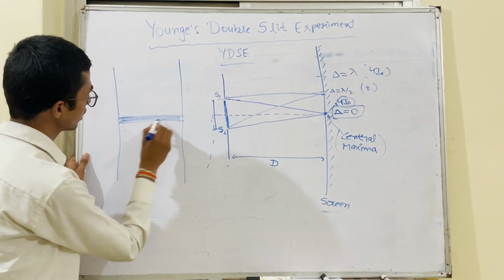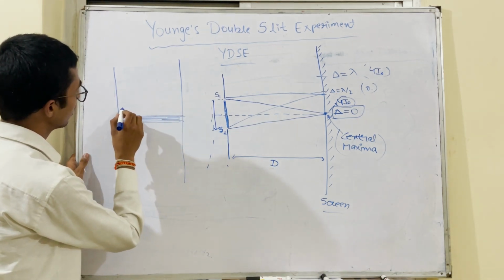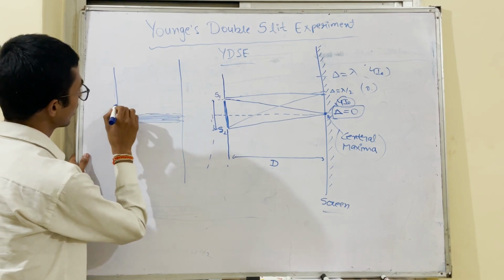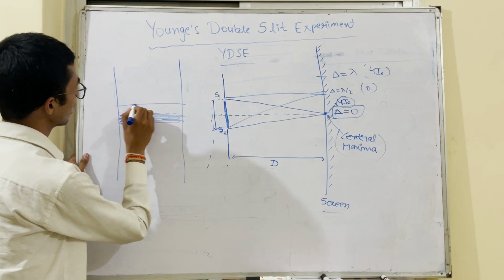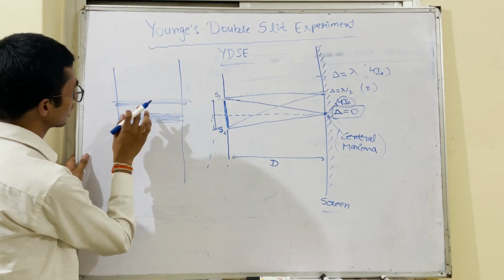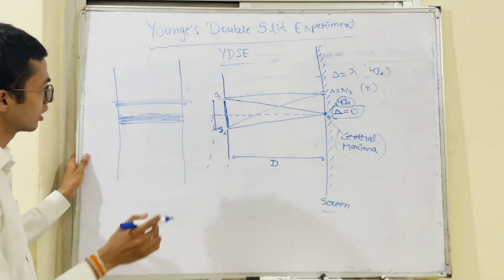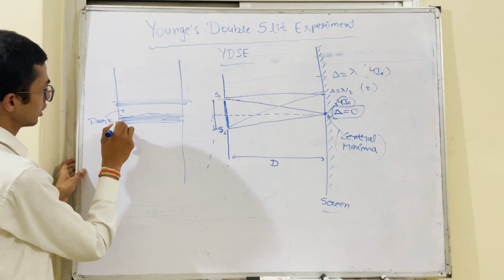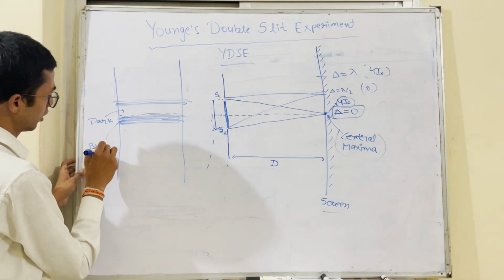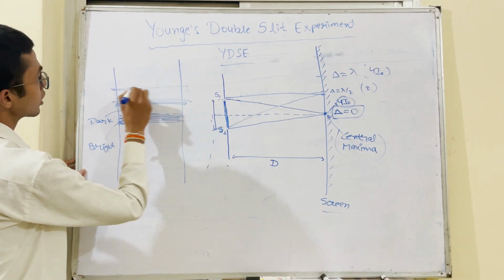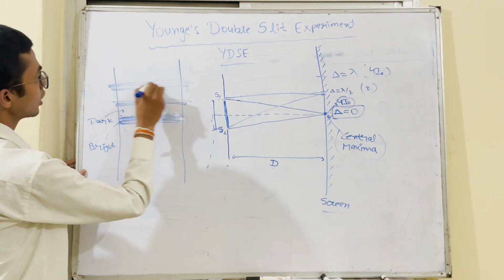So this will come like this, and again this will fade, and again this will come as dark region, bright region, and consider this white portion as dark region. This is dark, this is bright. Again this will come like this.